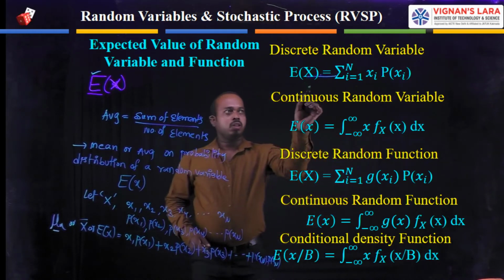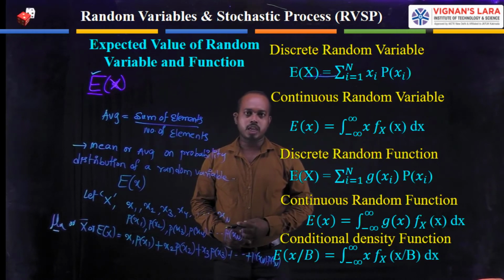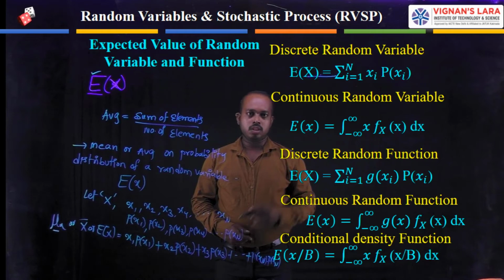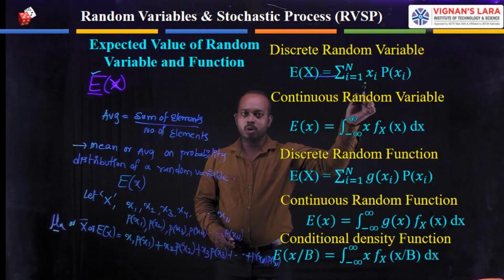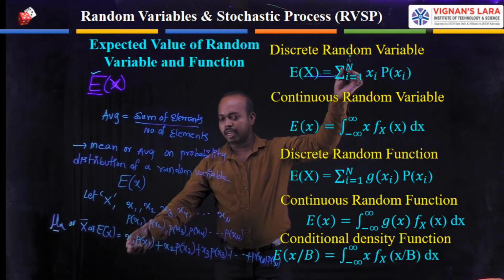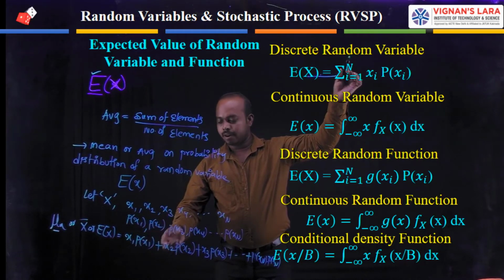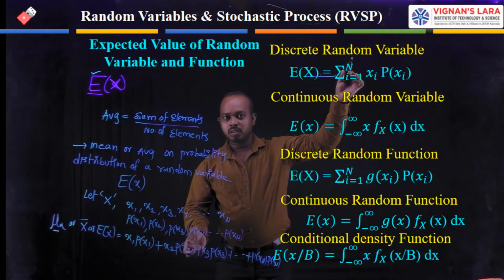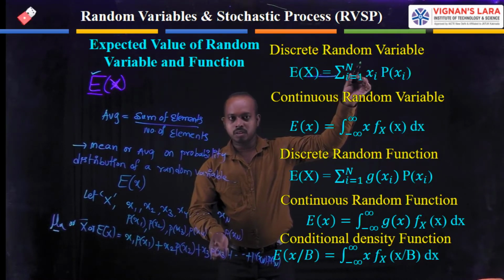In this formula, E of x represents the expectation value of the random variable capital X. The summation range is i equals 1 to n. Here, we multiply the x1 element with its corresponding probability, plus the x2 element with its corresponding probability, plus the x3 element with its corresponding probability.